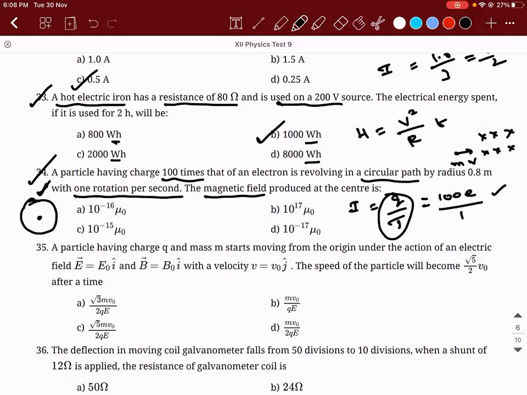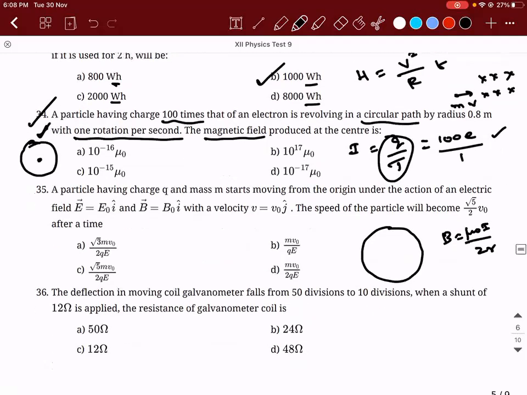Then, what is the magnetic field produced due to a circular coil at the center? B is equal to mu naught I by 2R. I is 100 into E, divided by 2 into R, which is 0.8. So this goes 50 times.